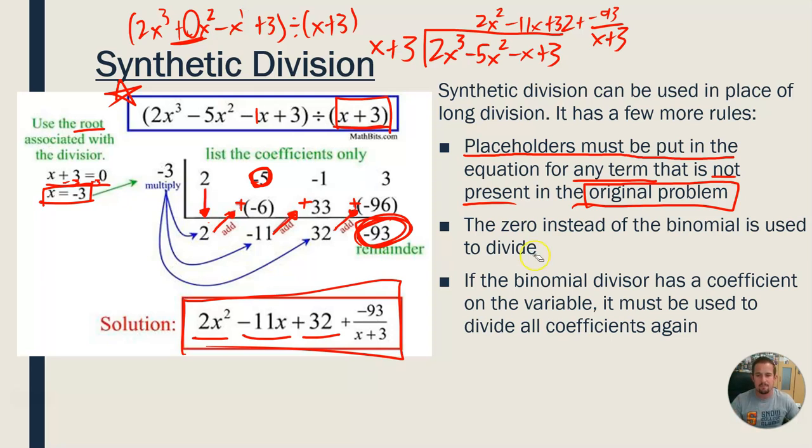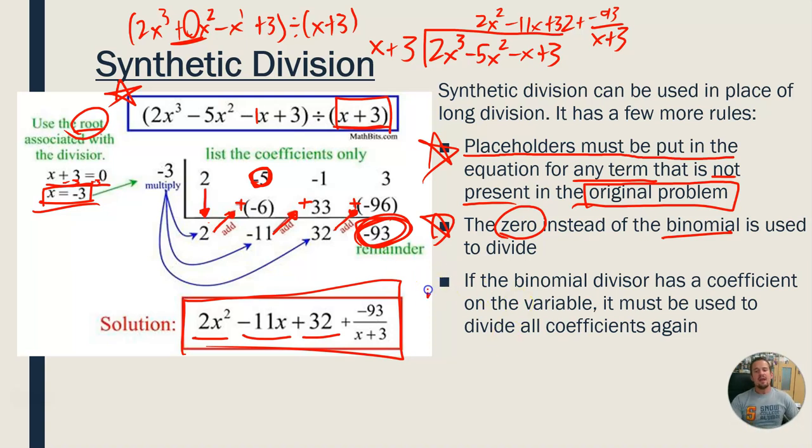So that's one thing. Second thing, and I kind of already talked about this, instead of using the binomial to divide, I use the 0 or the root or the solution associated with that binomial. So instead of using x plus 3, I'm going to use negative 3, because negative 3 is what I get when I set x plus 3 equals 0.